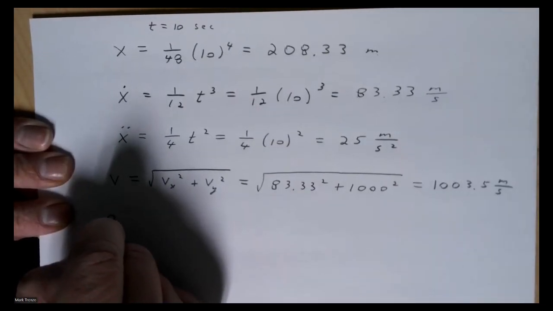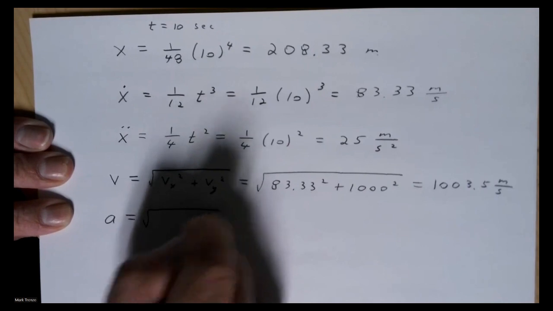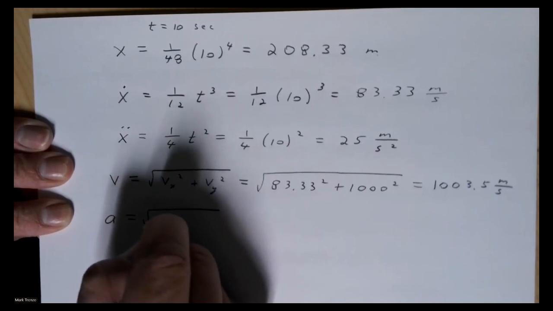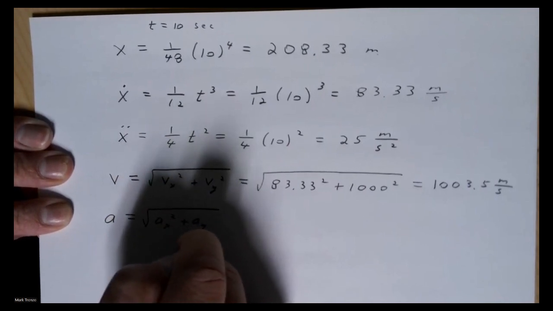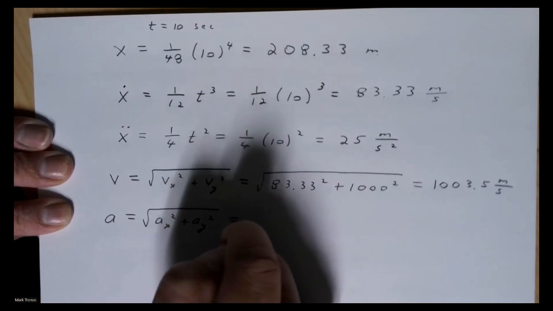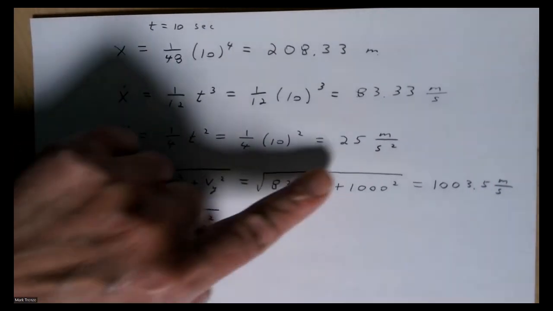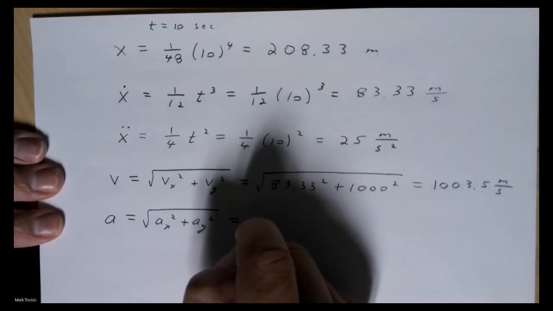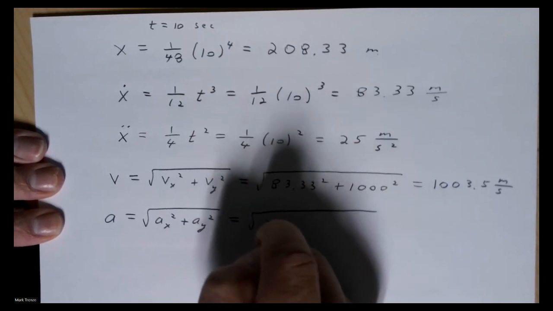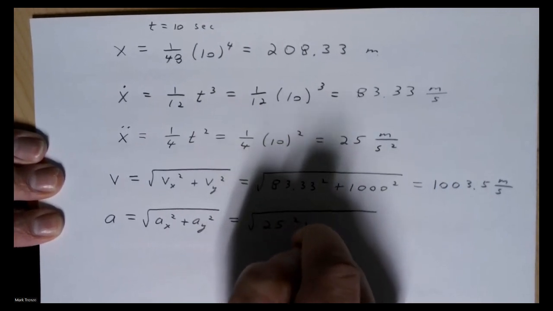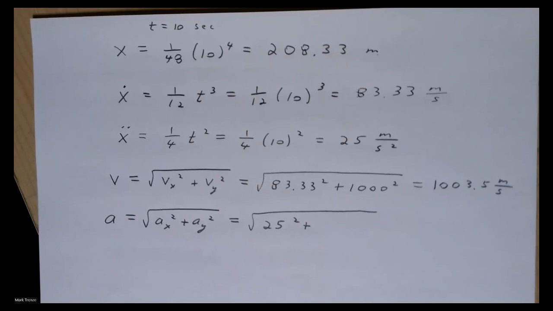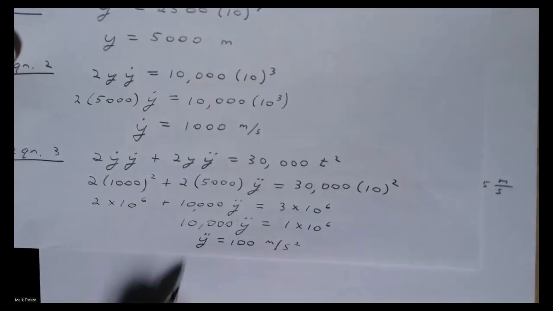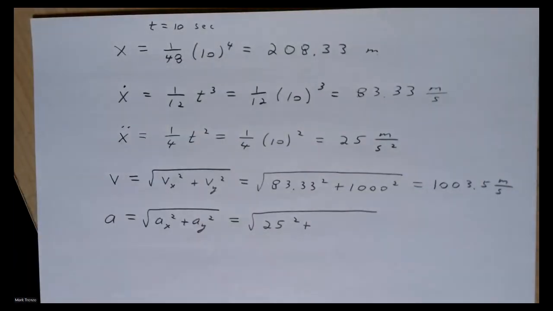And then the acceleration is going to be the square root of the sum of the squares of the x and y acceleration. So for the x, we had 25. For y, we had 100.